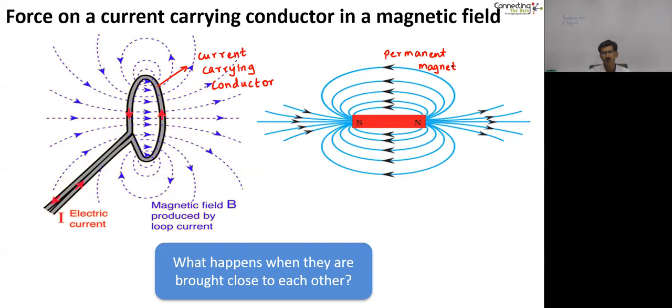It could be attraction or repulsion. So clearly the wire carrying an electric current in the presence of the permanent magnet experiences a force.